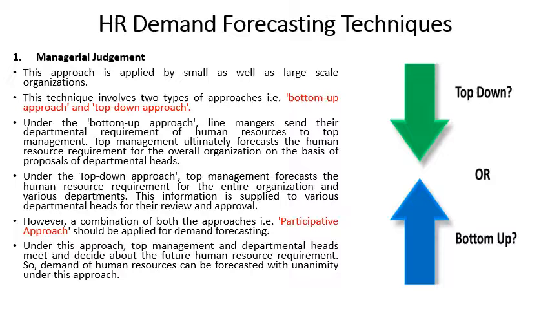Departmental managers will review that proposal, and if they think some changes are required, for example that this amount of human resource will be excess or a shortage, they can make changes in the proposal according to their requirement, and approve it after reviewing. So this is called the top down approach.